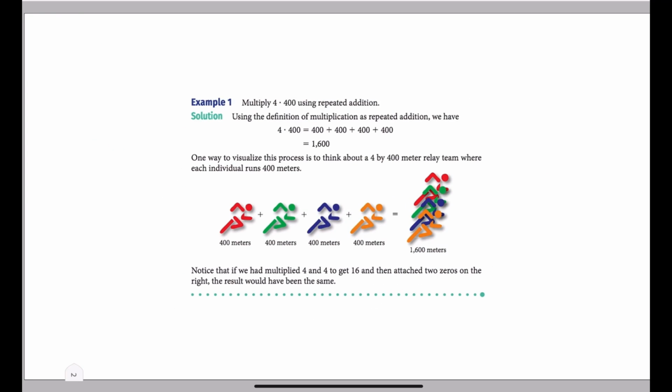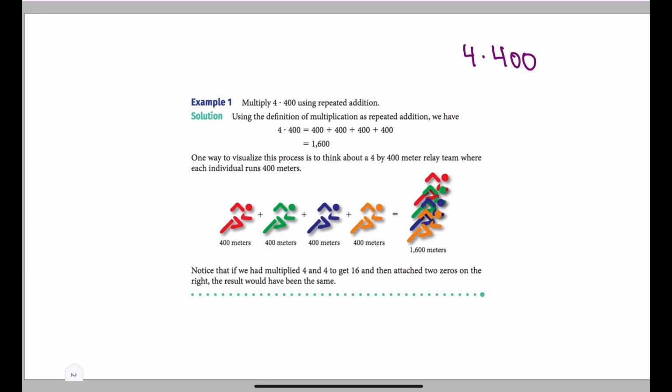So the first thing to talk about is what even is multiplication. I think most of us have done some kind of multiplication before, but let's think about what we're really saying. When we say something like 4 times 400, we're saying we'd like you to run, in this case, let's use an example of 400 meters, 400 meters 4 times.